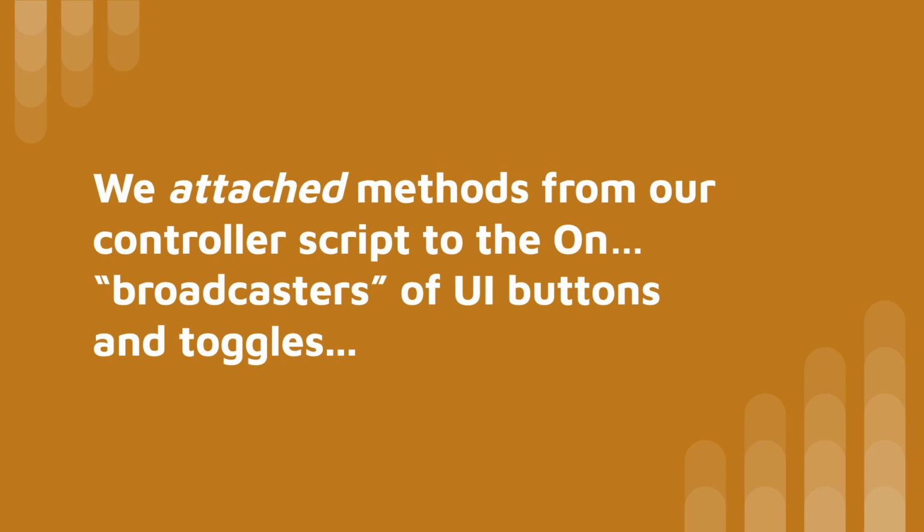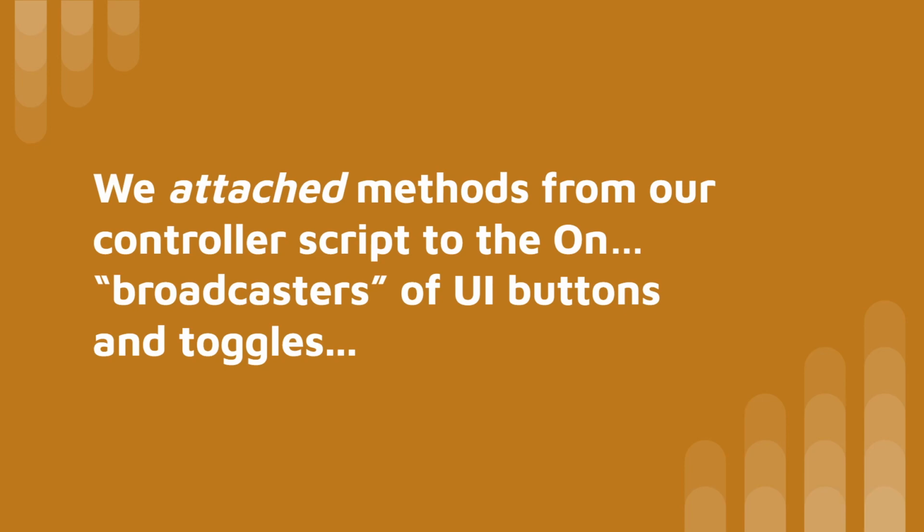We've already attached methods from our controller or game manager script, or Hello World just happened to be in this one. Maybe go back and rename Hello World. I have to rename the file and the class to do it, but we've already attached certain methods from our game manager script to the on broadcasters of the UI buttons and toggles, or in this case we've just done the buttons so far.